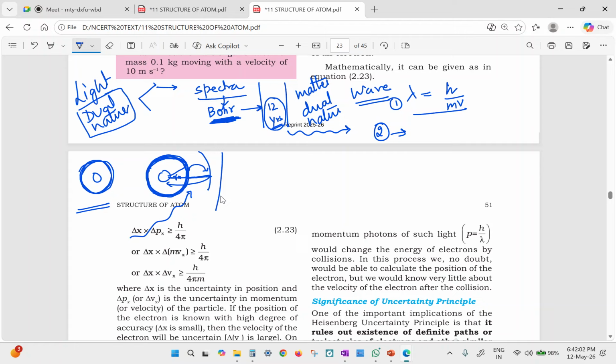All this was okay. But now, the Heisenberg uncertainty principle says that the electron is too small, 9.1 into 10 to the power minus 31 kilogram. It is so small that, how do you measure the position of an object? Say a bus is here.